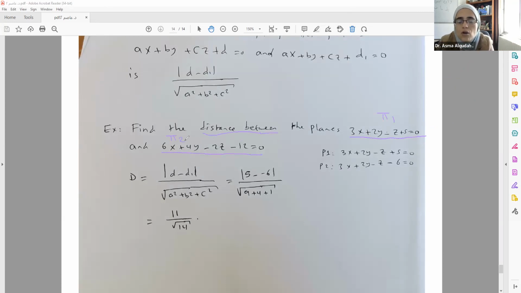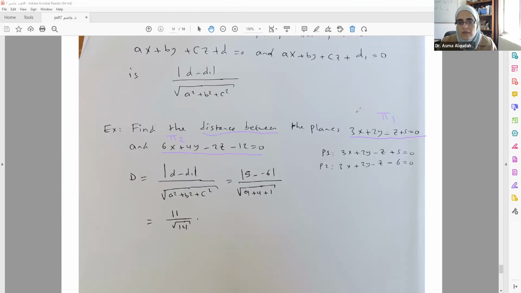Now, before we put the parameters in the equation, we have to make sure that the two equations are normalized, so that the coefficients of x, y, and z are the same before we start using the equation.